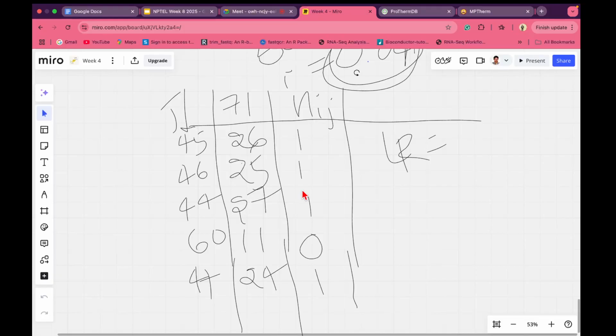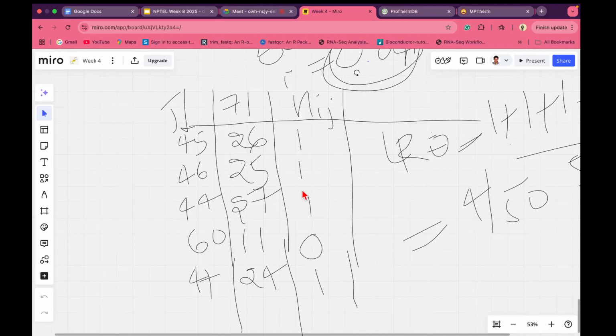So now long range order is given as 1 plus 1 plus 1 plus 0 plus 1 divided by 50. It is 4 divided by 50. It is 0.08.